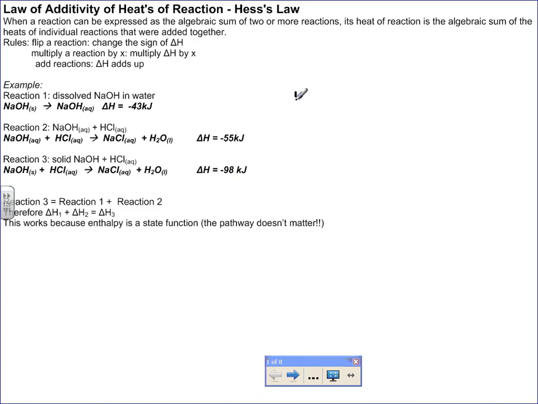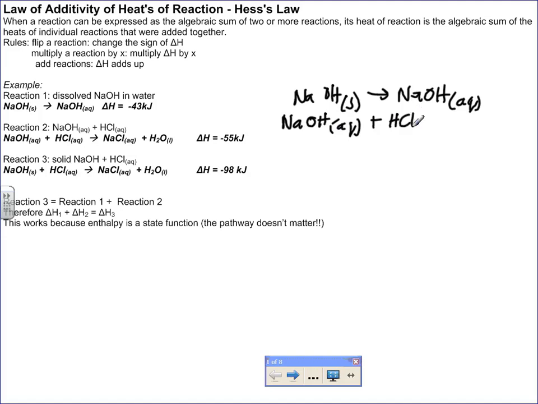So really, these two steps are equal to this one-step reaction. And if we look a little bit more carefully, we can see that when we add these reactions, the way that we've learned in the past, they add the way that we would expect. And what this is showing us is that the pathway that we take to find the delta H does not matter as long as the overall is the same.